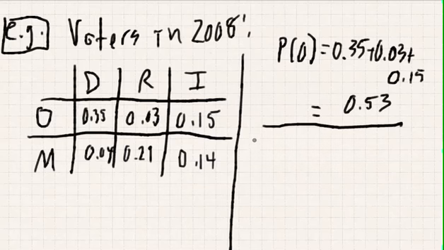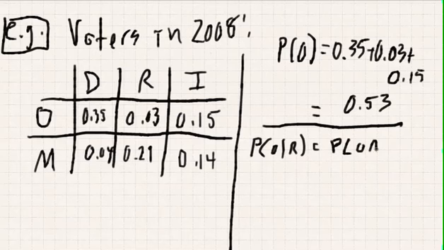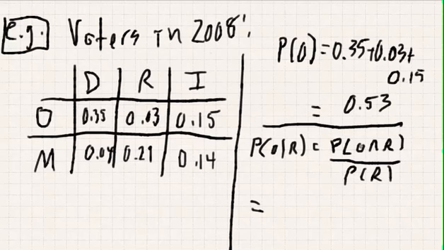But how about I ask you, what's the probability that somebody voted for Obama, given that they're a Republican? Well, this would be the probability that somebody voted for Obama and is a Republican, divided by the probability that they're a Republican. Now, voting for Obama and being a Republican, that is just this first row, second column, 0.03.